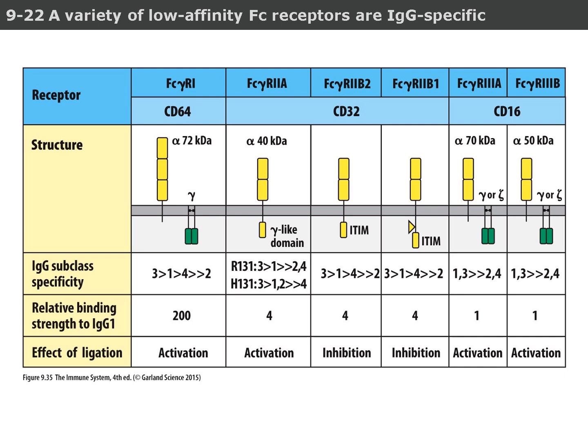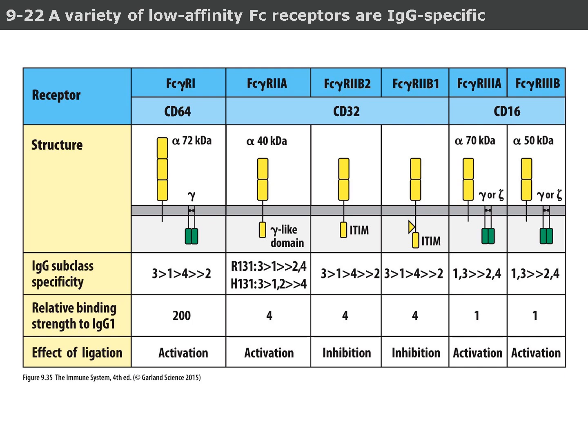Below that, their structures differ by molecular weight and cytoplasmic signaling domains. Some receptors have motifs which promote activation, while others, like Fc gamma RIIB, contain motifs which inhibit signaling.